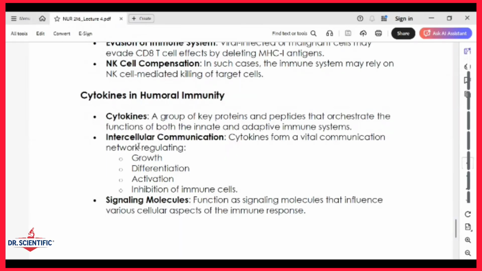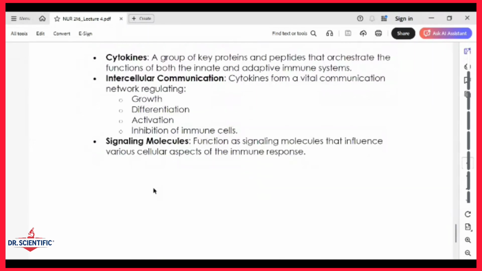For instance, interleukin 10 is anti-inflammatory. It inhibits some of the pro-inflammatory cells so that the immune response is not inflamed to cause issues.